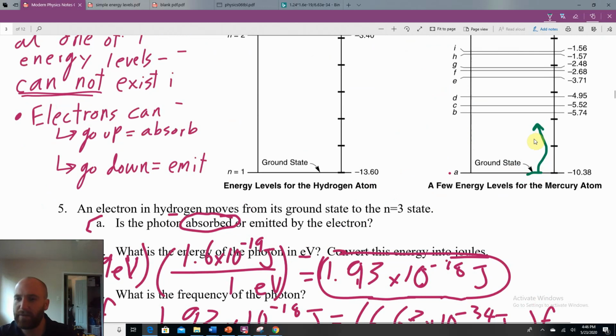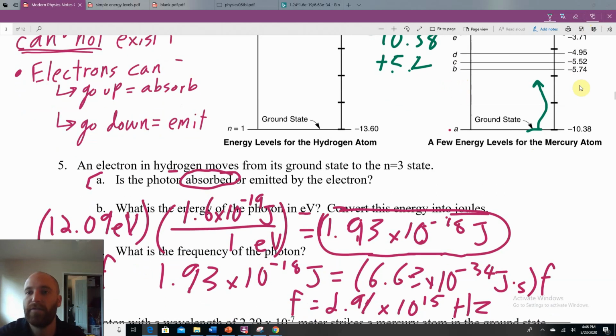We're at negative 10.38, which I'm just getting from reading the chart. And we gained 5.43, which is our answer to the question. So if we started at negative 10.38 and we gain 5.43, where would that leave us?